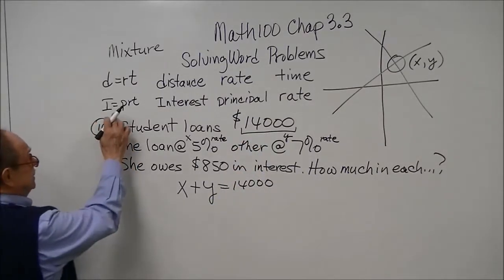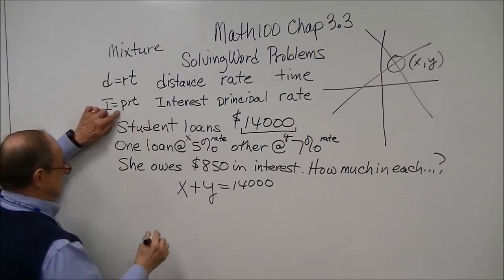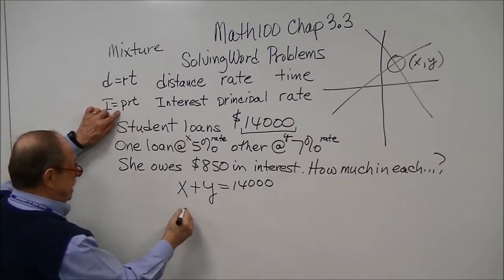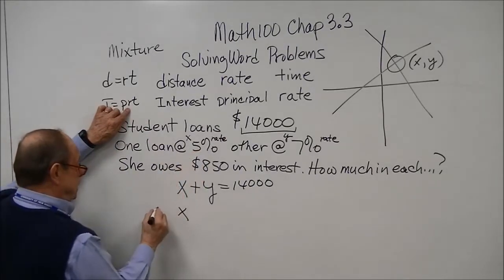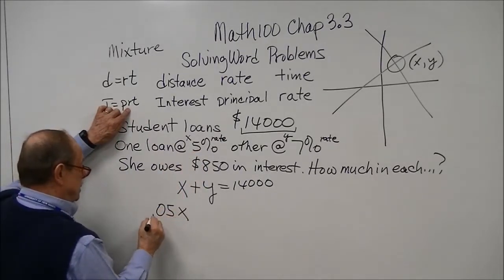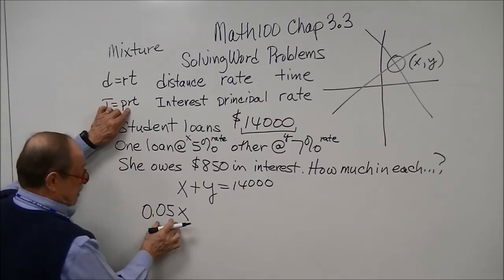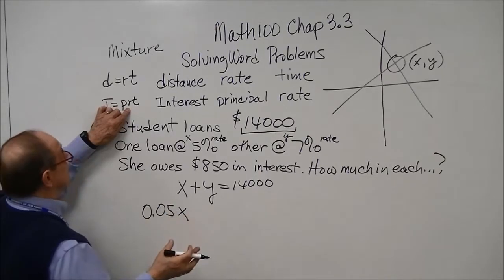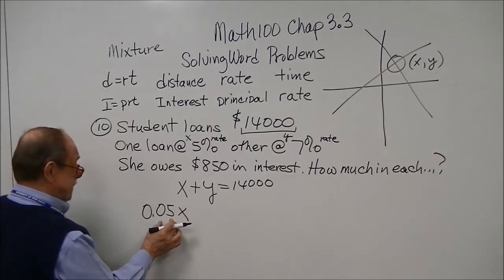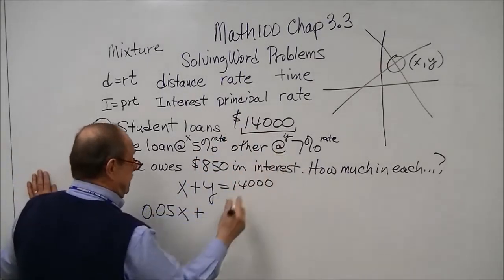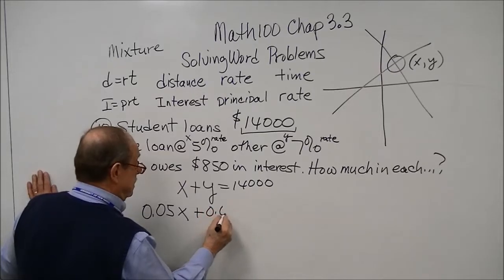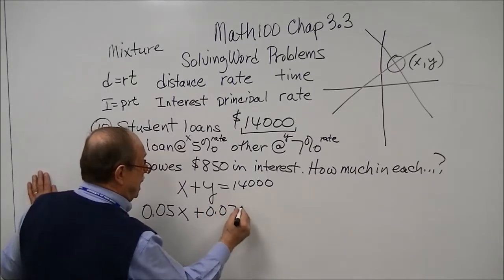So we're going to use this formula, principal, which in this case is x, and the rate is 5%. And we could have put just 5%, but I'll show you how to work that later. Plus 7% is the other rate of y.